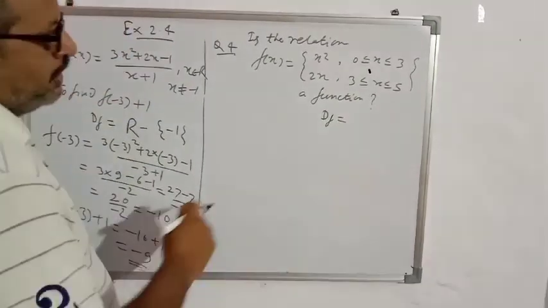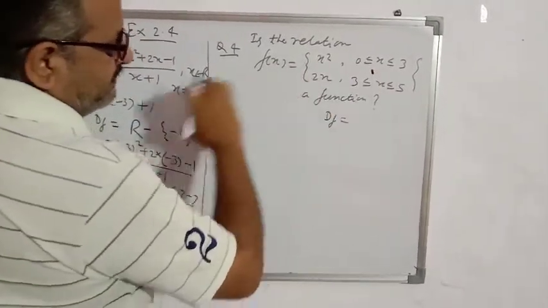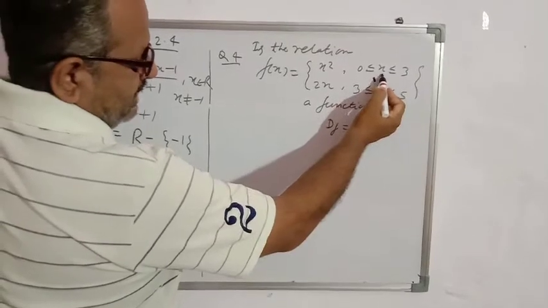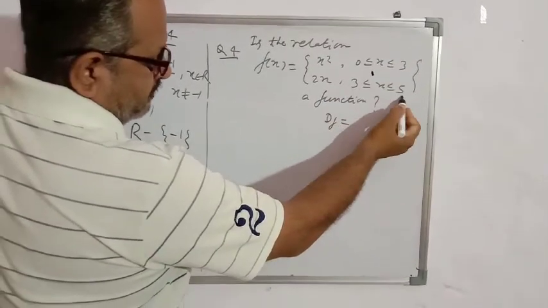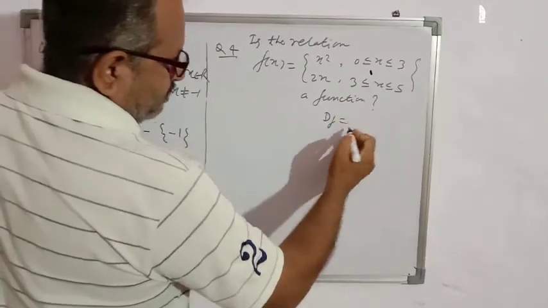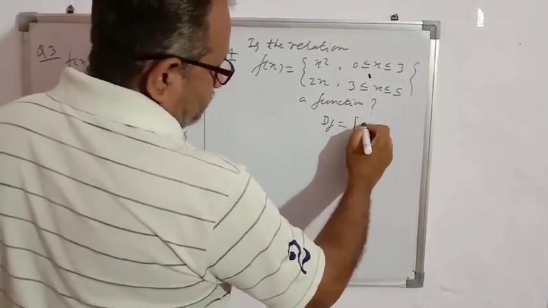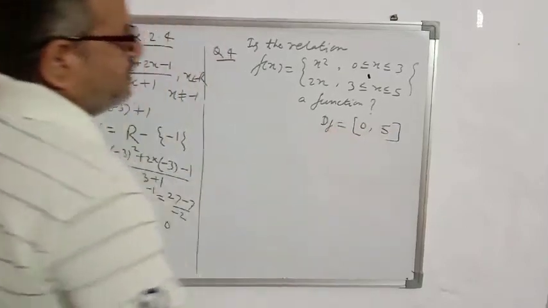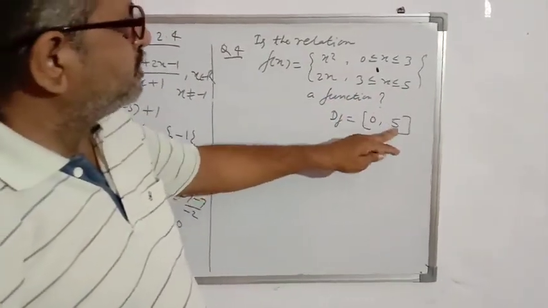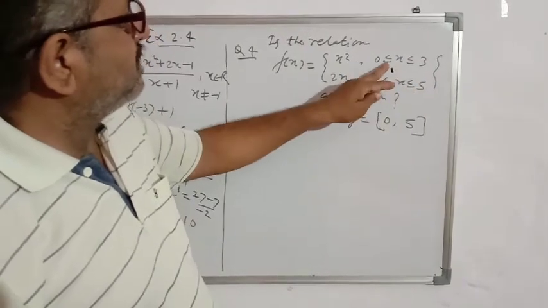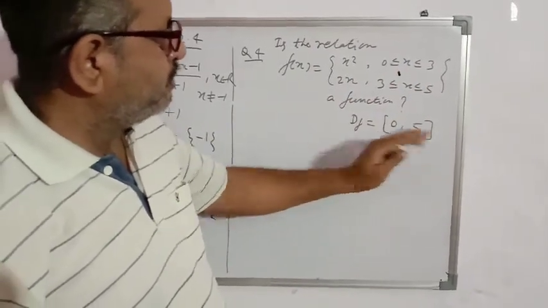Check for what values of x this f(x) is defined. We see that x is here from 0 to 3 and in the second interval it is 3 to 5. If we combine both, the domain will be 0 to 5. What will be the domain of the function? From 0 to 5. 0 and 5 both are included. Less than or equal is given, so we have to take the closed interval.